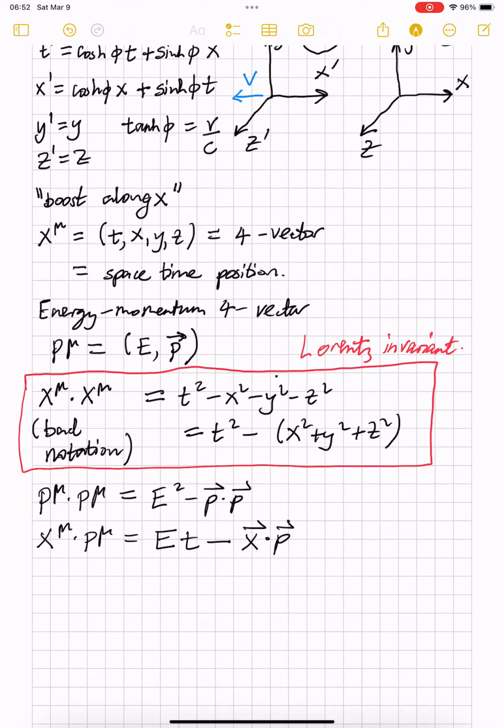These two would also both be Lorentz invariant, meaning invariant under rotations and invariant under boosts. So this dot product between any two 4 vectors is Lorentz invariant, just like the dot product between any two 3 vectors is rotationally invariant.